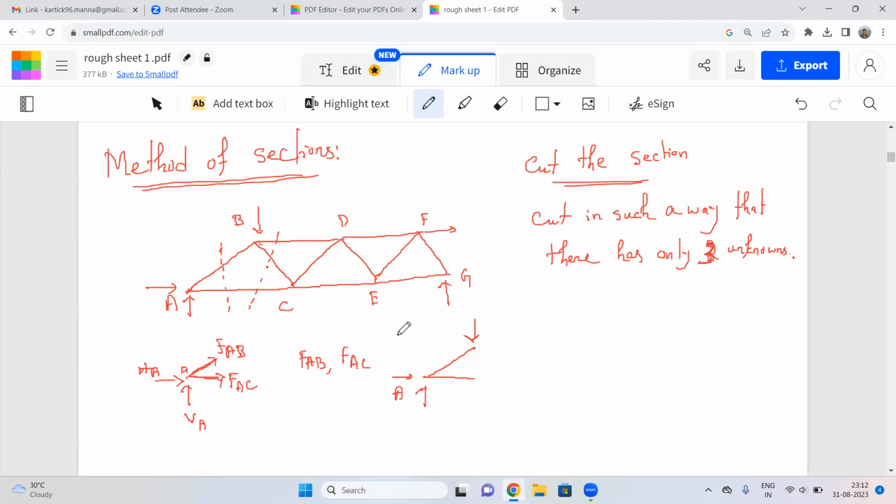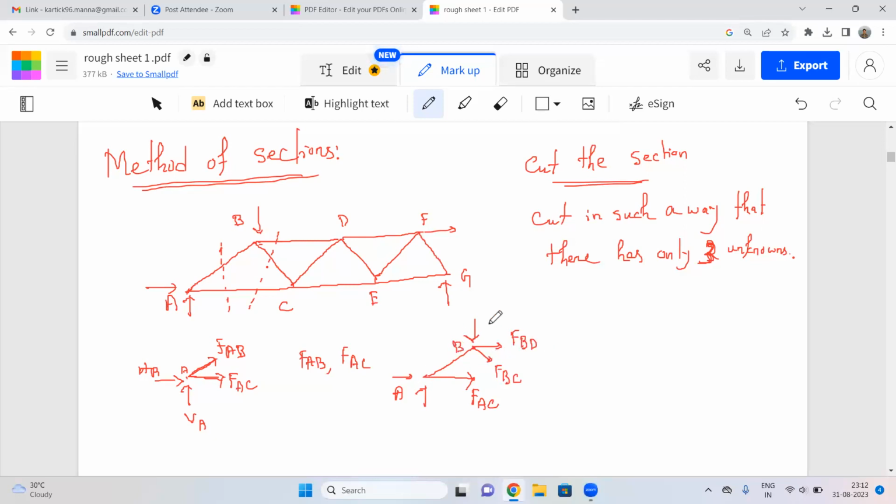So this one is one unknown here and one, that is one unknown, and here another one, right? So for this section, suppose this is your force FAC, this is your FBC and this is your FBD, right?